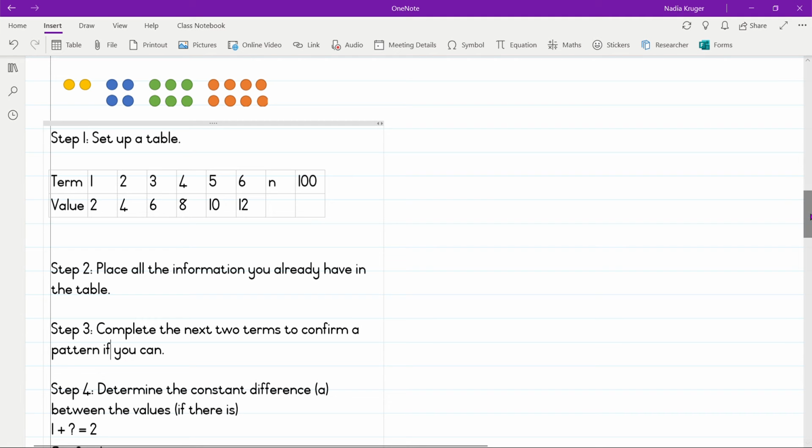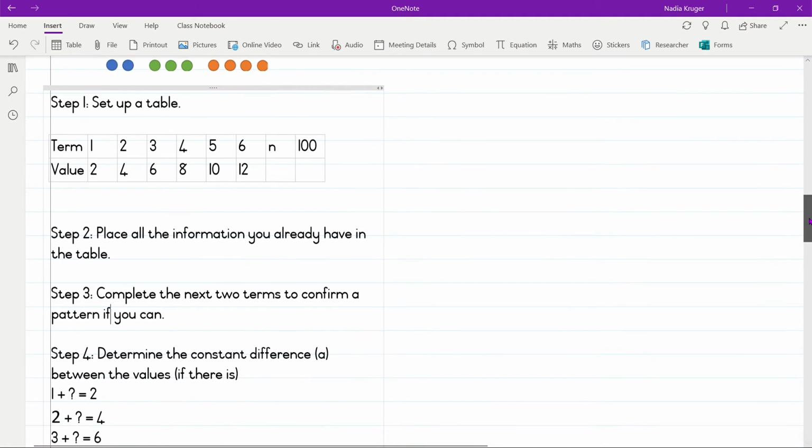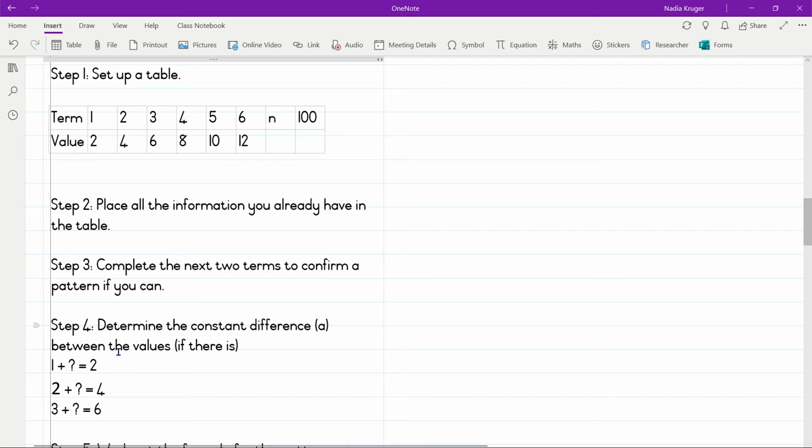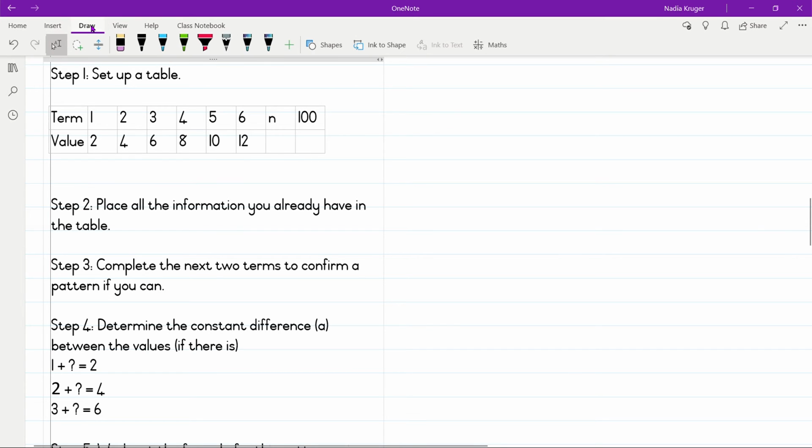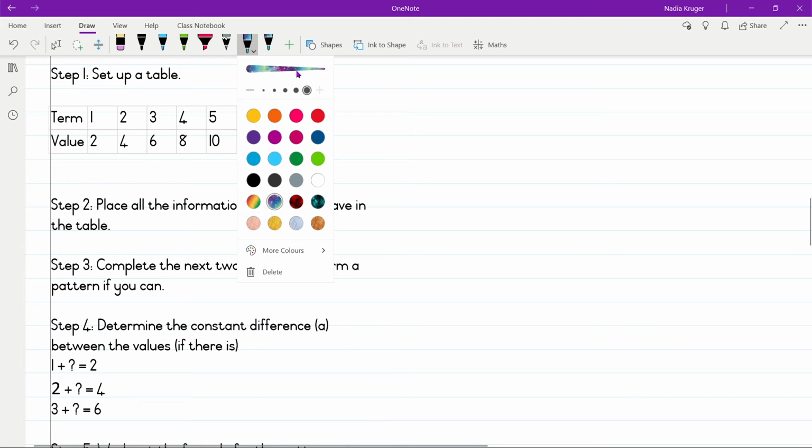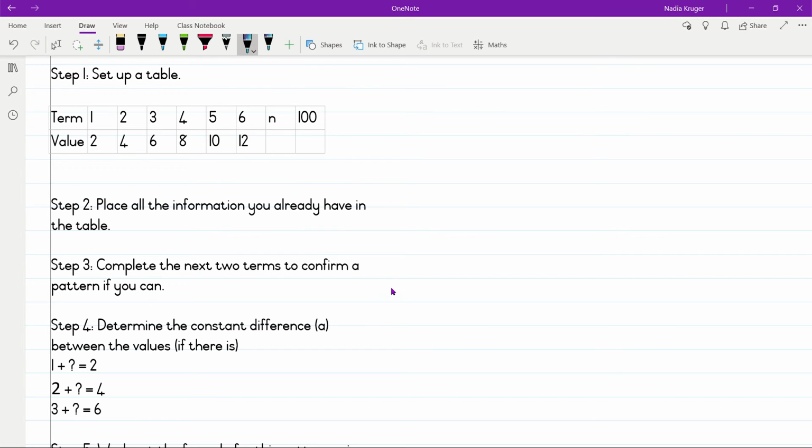So there's a few steps that we can do. The first thing we do is we determine a constant difference between the values if there is one. So we have a basic formula that we use specifically when we do patterns. You probably haven't used it yet, so I'm going to give it to you to help you for the future.